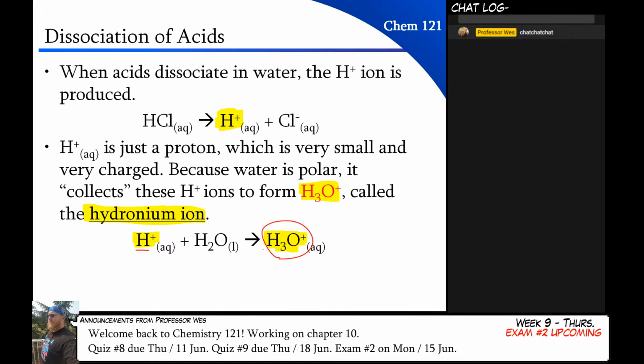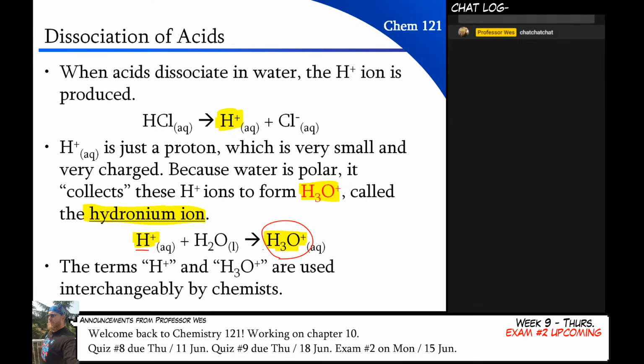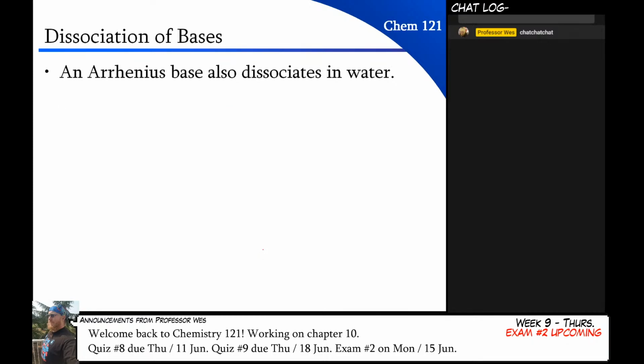So H3O plus is probably the best way to write this, but if I say H plus, what I mean is H3O plus. They're the same thing. So all acids make H plus. By the same notion, all bases that are Arrhenius make OH minus. So here's my OH minus right here.